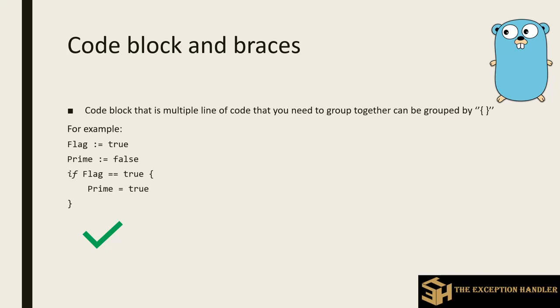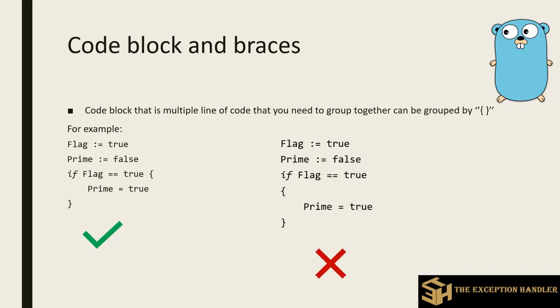And if you see, the starting curly bracket has to be there in the first line where I have written the condition. And if you try to move this starting curly bracket to the next line, there will be a compilation error because the lexer would try to search for a starting curly bracket as soon as it encounters a condition or a conditional statement.